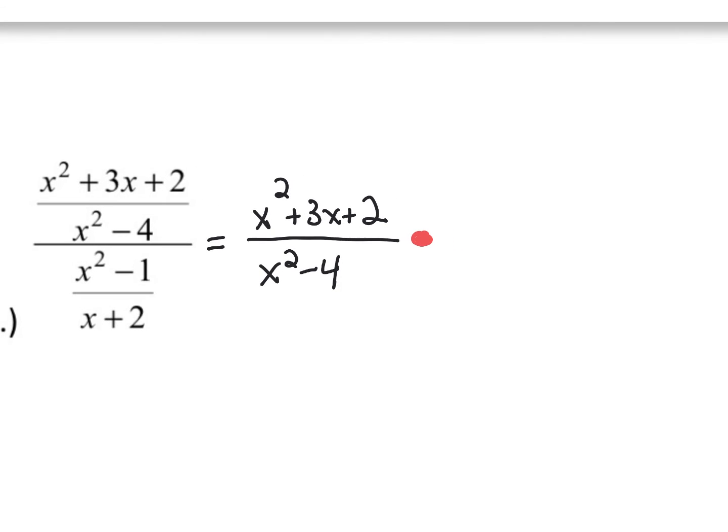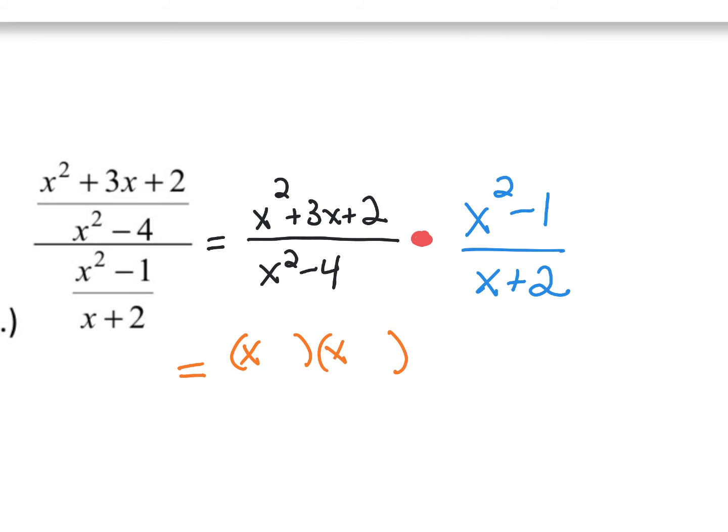Flip that second fraction there on the bottom. And then factor. No AC grouping so far. Lots of shortcuts though in today's lesson. So things that multiply to give me x squared would be x times x. Things that multiply to 2 that add to 3 would just be 2 and 1. x squared minus 4, we've already done that a couple times today. That's our x plus 2, x minus 2.